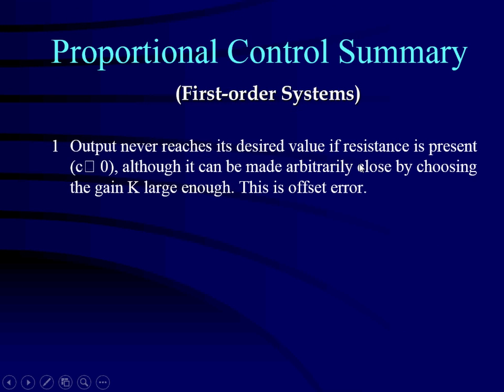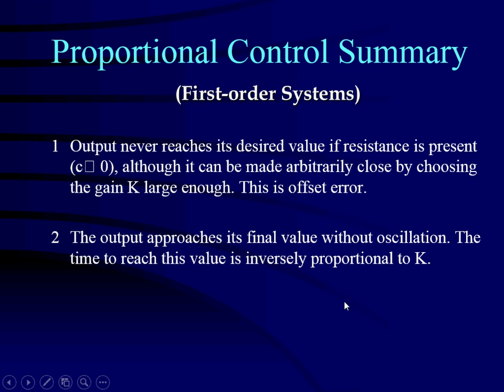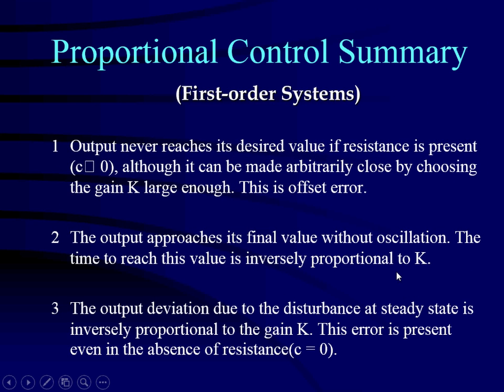In summary, proportional control is usually used with first order systems. The output never reaches the desired value if there is some resistance. And you choose the gain k, and it needs to be strong enough to offset the error and correct it.